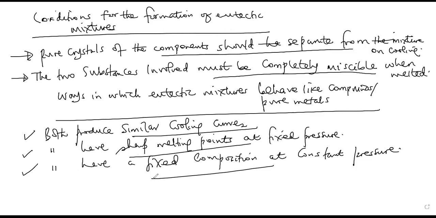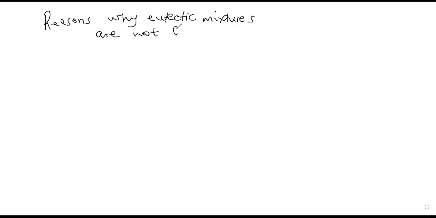Now we want to see in which ways they are different. Let's see reasons why eutectics are not compounds. In some ways, they behave as compounds, but why are they not compounds then?